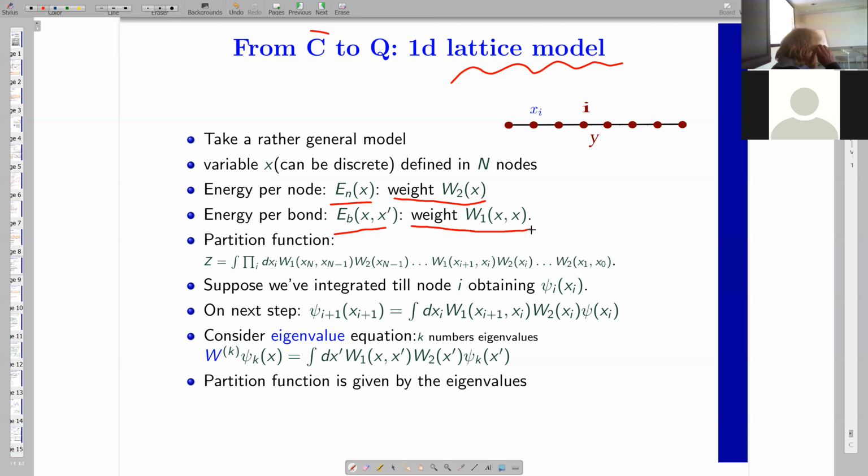Very good. So how do we write now the partition function? It's a large integral or summation over all x's of all nodes. We have just recently seen it when we sliced our quantum mechanical sushi. We have the sum.